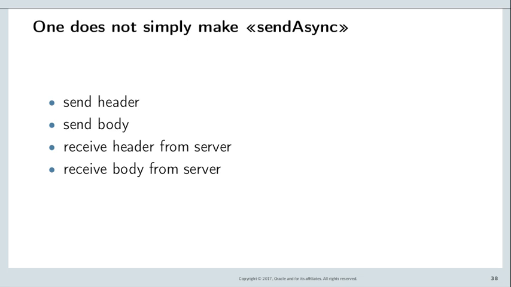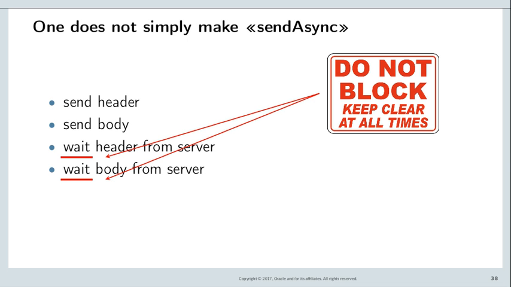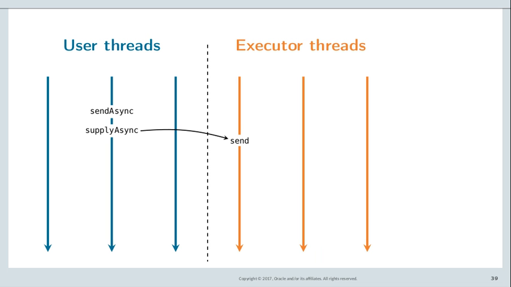I have to say that what you see on that slide is a very simplified picture, but it's enough for us. What does the word receive mean in that case? It means that we have to wait for the header from the server and wait for the body from the server. Quite simple.